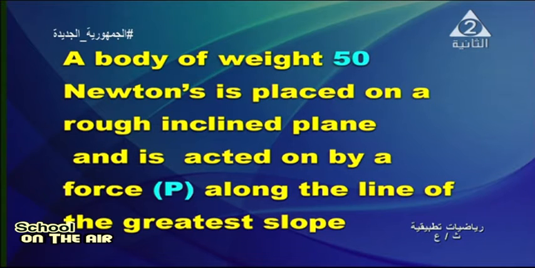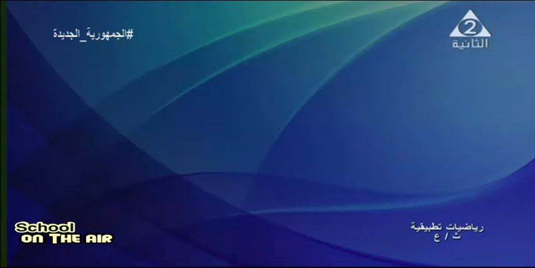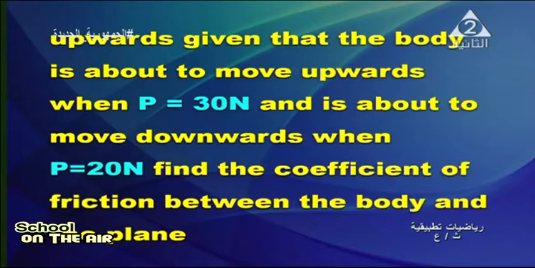A body of weight 50 newtons is placed on a rough inclined plane and is acted on by a force P along the line of greatest slope upwards.